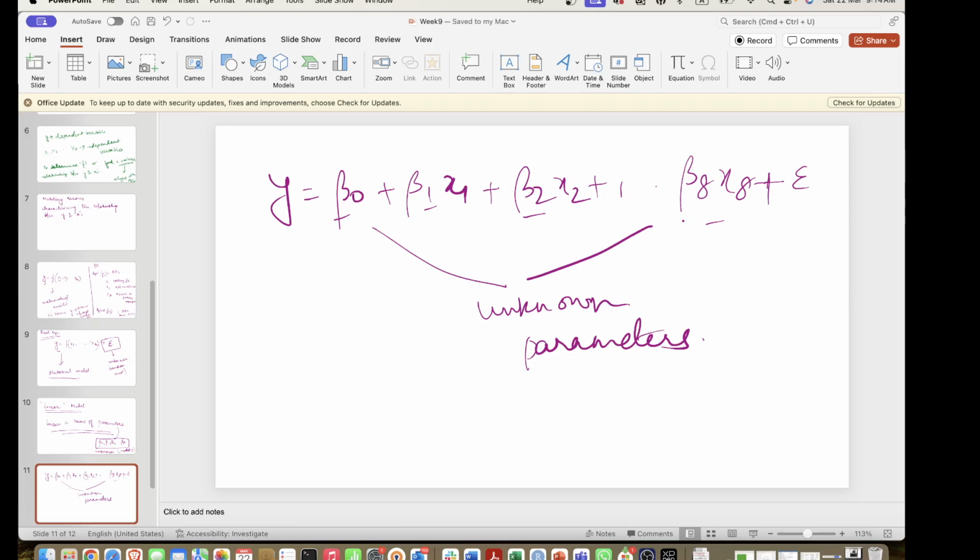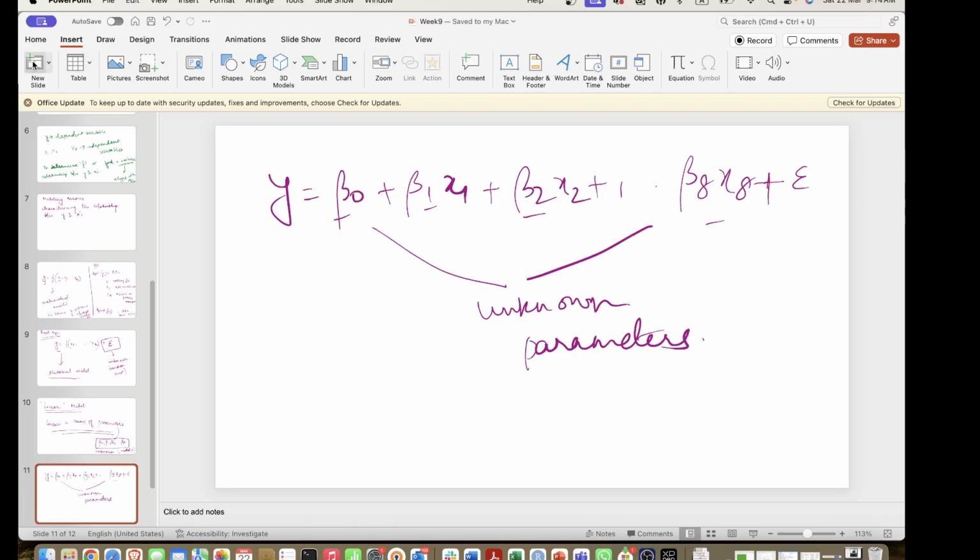Now how do we say if a model is linear in parameters or not?